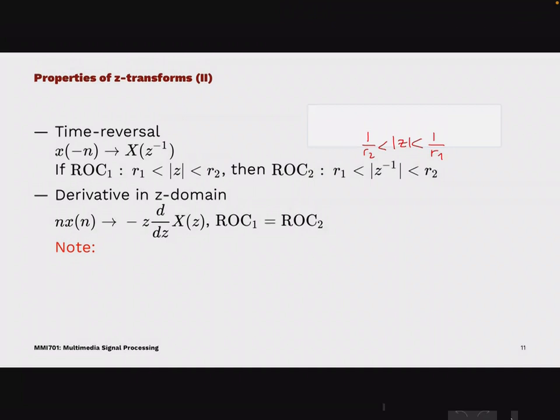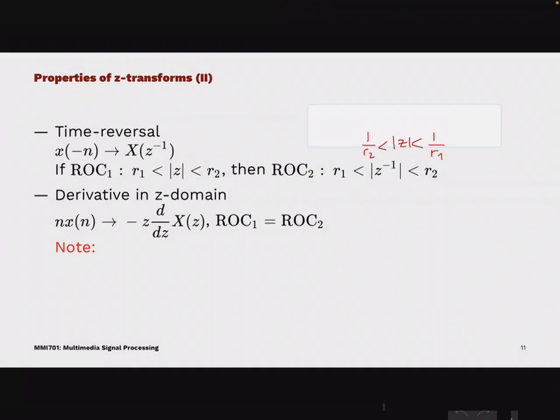And yet another property is derivative in the Z domain. The relation is not too tricky, but it's just a little bit tricky to show. Why do we have that kind of a relation between the derivative of X of z and x of n?